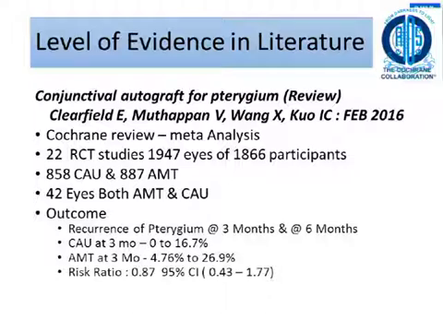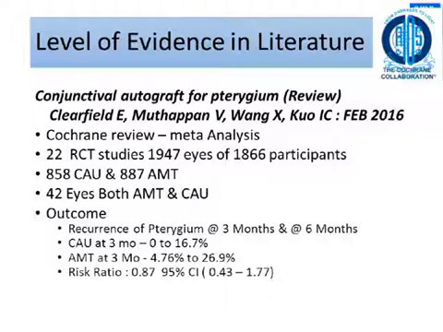The number one evidence is randomized clinical trials, and a meta-analysis is where they look at all the available clinical trials that compared conjunctival autograft versus amniotic membrane transplant. This study looked at almost 22 randomized controlled studies, with 1947 eyes of 1866 participants.